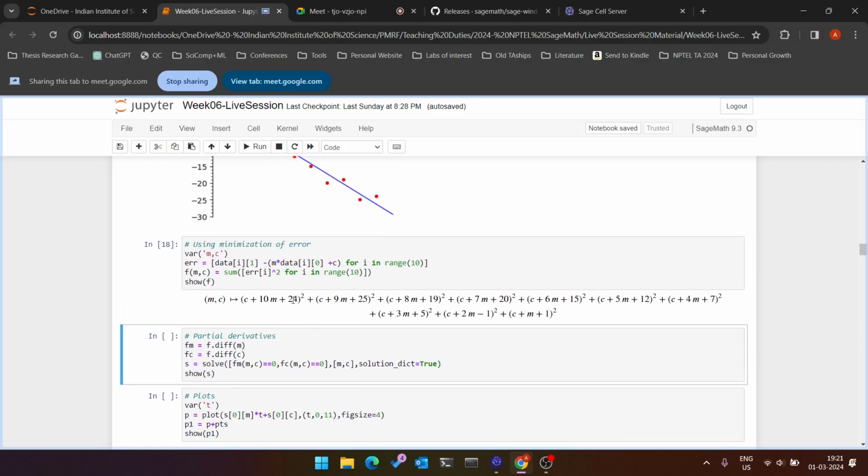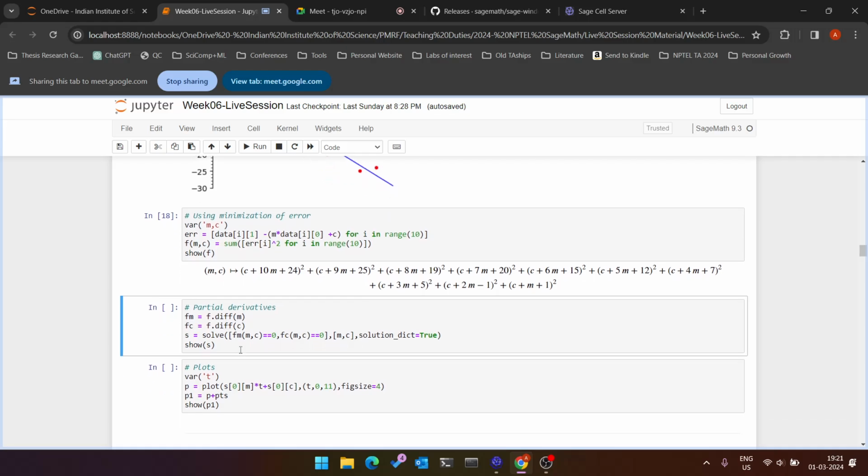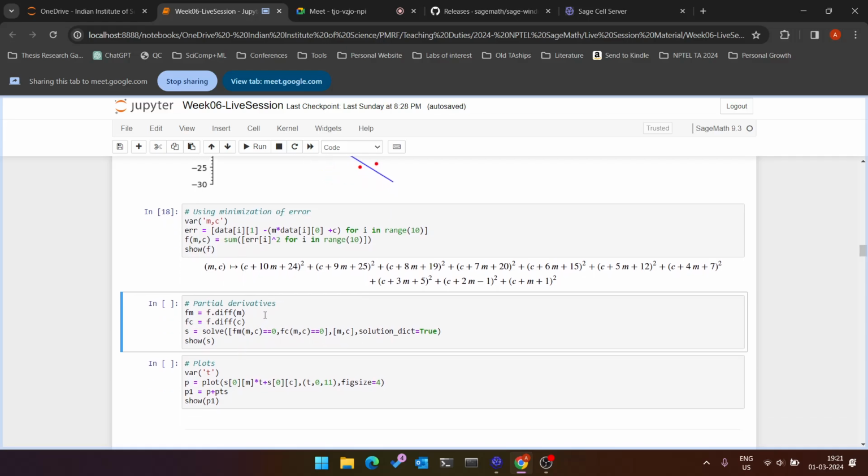So this is how it looks like. Next, since we want to minimize this large error function, we calculate the partial derivatives of the large error function with respect to the two variables involved, which are m and c, and then solve for the partial derivatives going to 0.